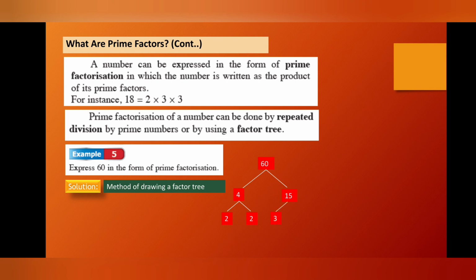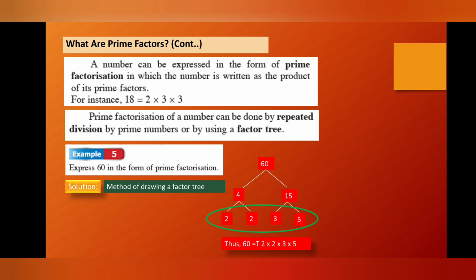And 15: 3 multiplied by 5 equals 15. Thus, 60 equals 2 times 2 times 3 times 5, the ones that I circled in green color. Those are the prime numbers.